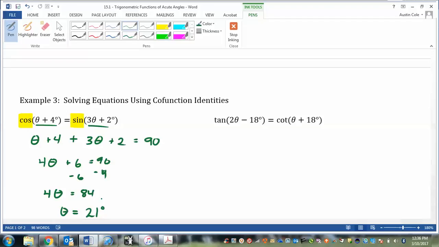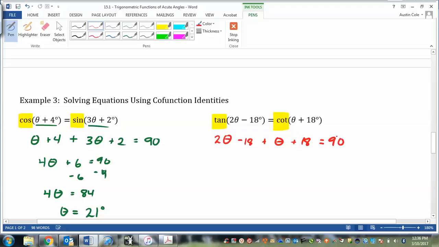Okay, so we're looking at this one. Cotangent and tangent are cofunctions of each other. So same exact thing. I know that 2 theta minus 18 plus theta plus 18 needs to equal 90.